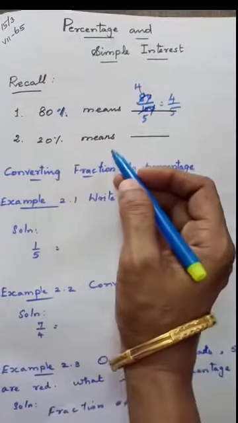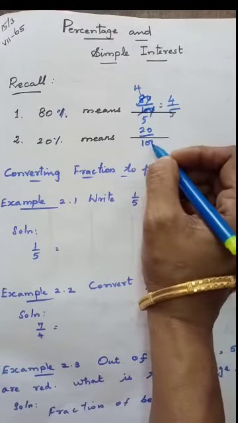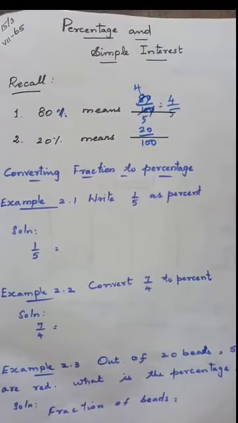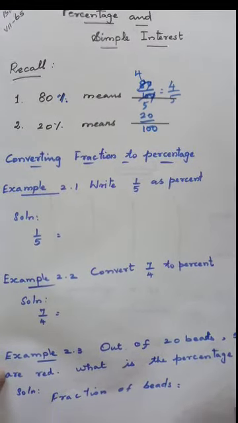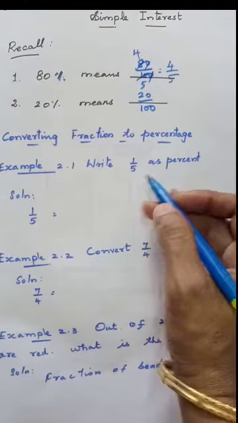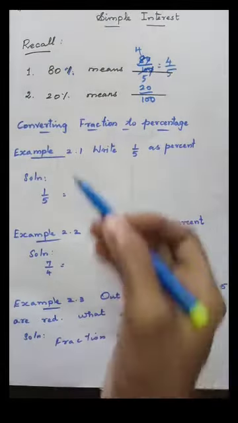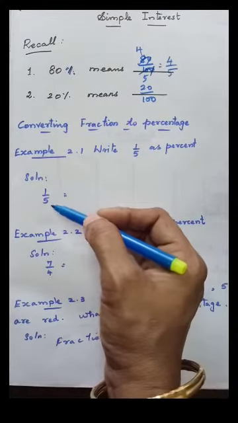Okay, then 20% means 20 by 100. Now we shall convert fraction to percentage. Example 2.1. Write 1 by 5 as percent. We have to find the percentage of 1 by 5.